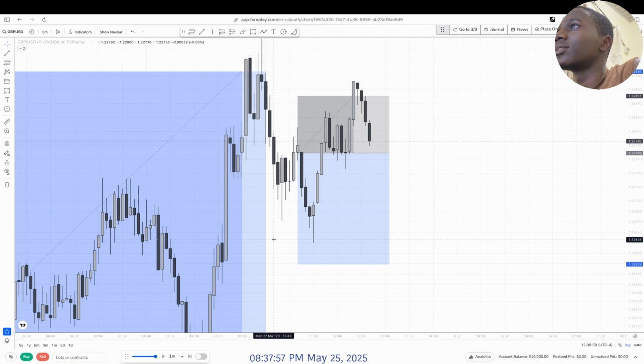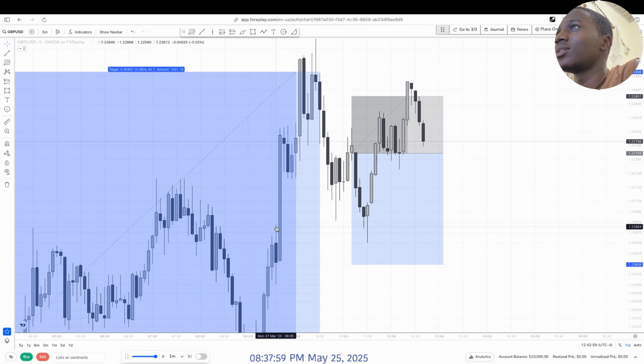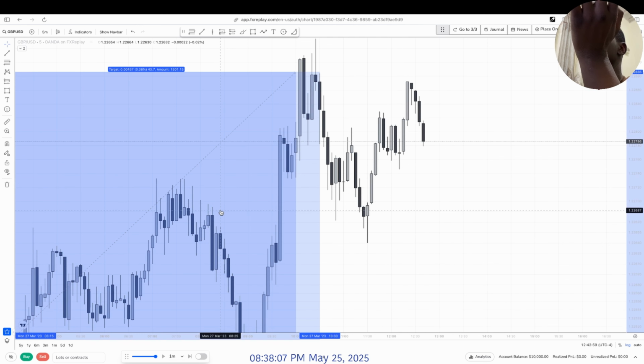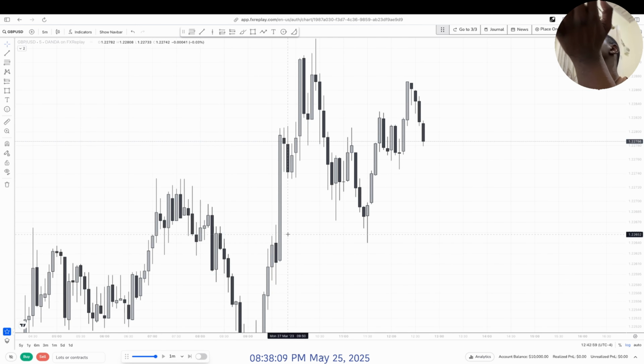This one, because this one becomes a stop out in the direction of this other block, which means it's better when the silver bullet aligns with the higher time frame, such as the market maker's model and so on.